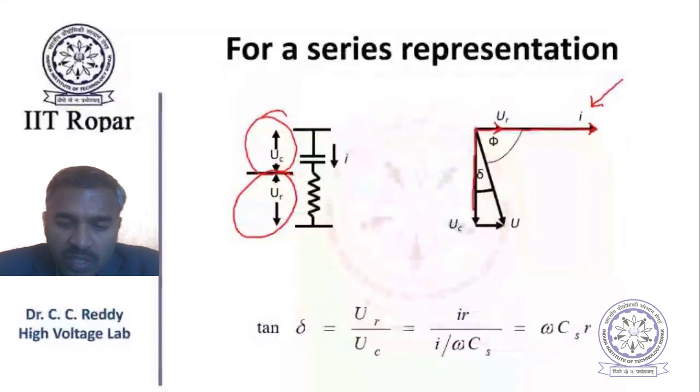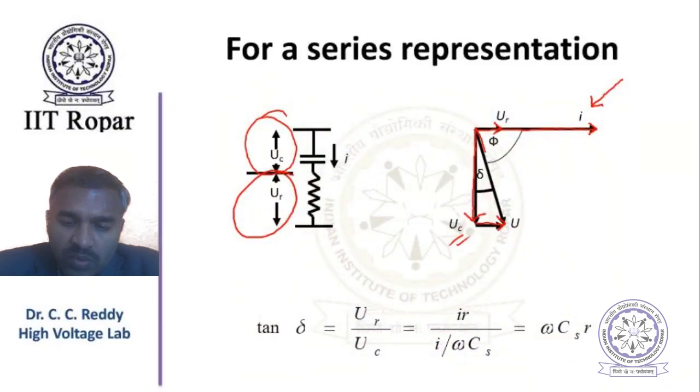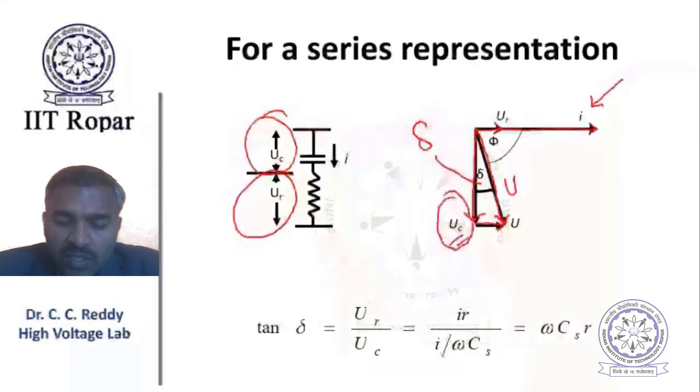Now this triangle you have to form here, where total voltage is UC plus UR. This is the total voltage U. This voltage is making an angle delta with the capacitive voltage. So this is how delta is defined.